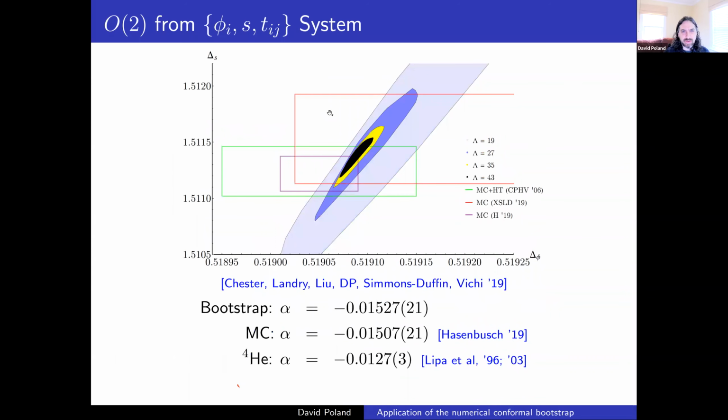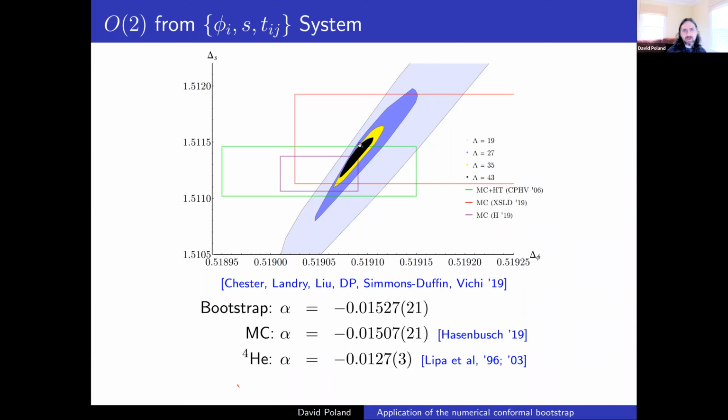Here's a zoom in of the best Bootstrap results for the O2 model, shown in this black island, compared to the best results from Monte Carlo simulations. The smallest rectangle here is a Monte Carlo simulation from Hasenbusch from 2019.